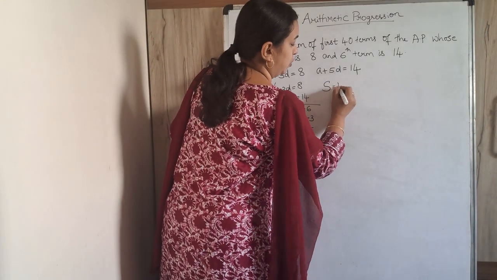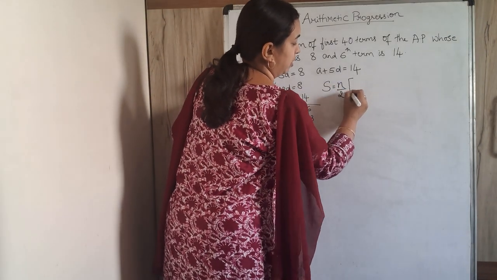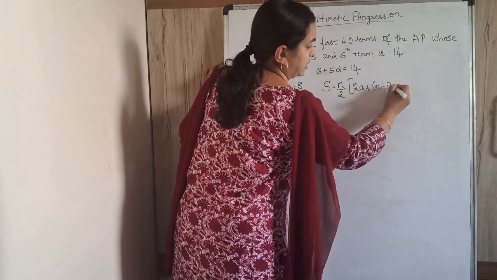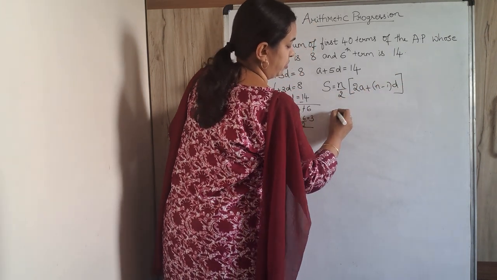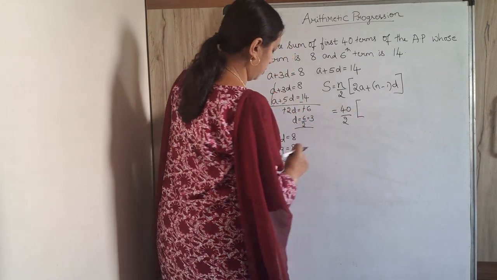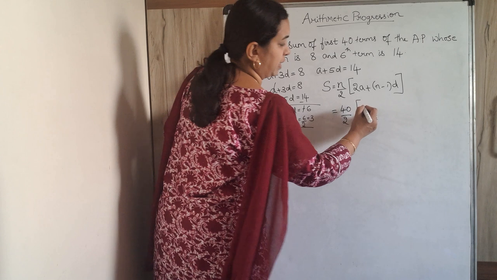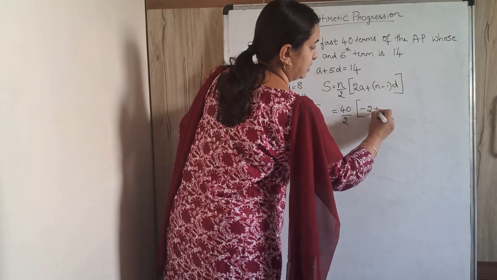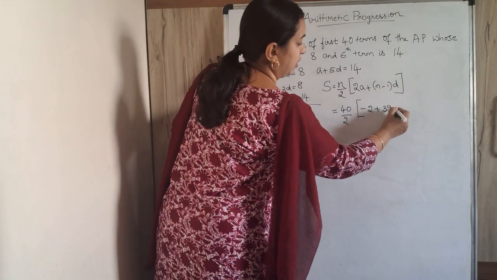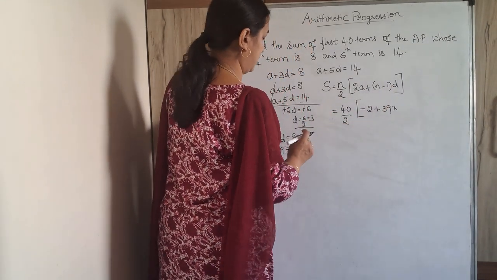S is equal to n by 2 into 2A plus n minus 1 times D, which will be equal to 40 by 2 into 2 into A, that is minus 2, plus 39, that is 40 minus 1, into your D value, which is 3.